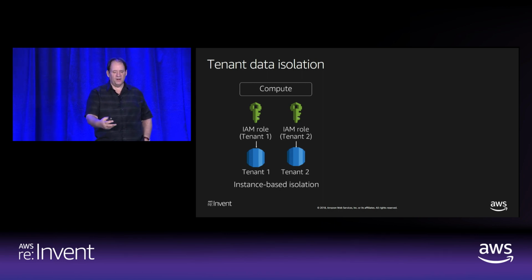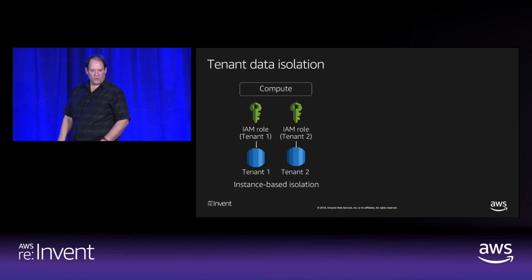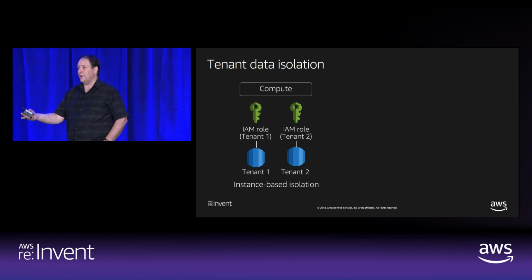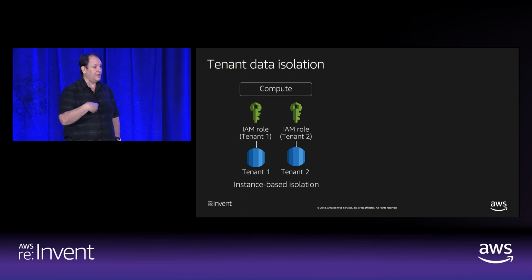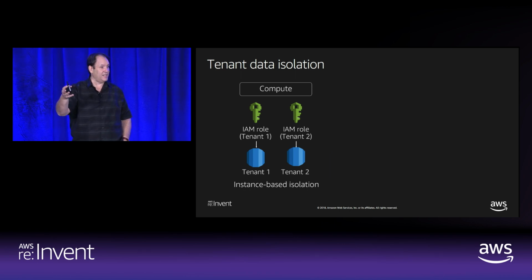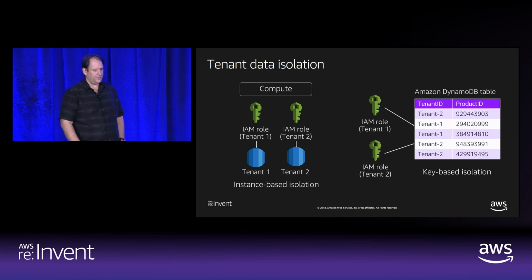But here, in a siloed world where I have a database for each tenant, I could set up an IAM role and assign that IAM role, either like my Lambda function has that role, or I dynamically got credentials at runtime for that role. Now when I go to access that instance, I'll be in the context of that tenant. So if I try to go get another tenant's data, I won't be able to.